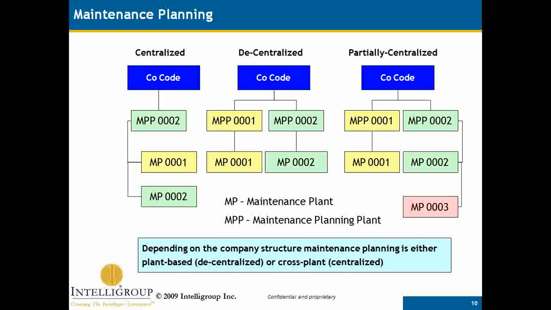You can see there is 001, 002, 003, but 003 and 002 have their planning activities taken care of by 002, and 001 takes care of its own planning activities. That is called partially centralized. Now you can see how the organization structure looks. These are the three ways.